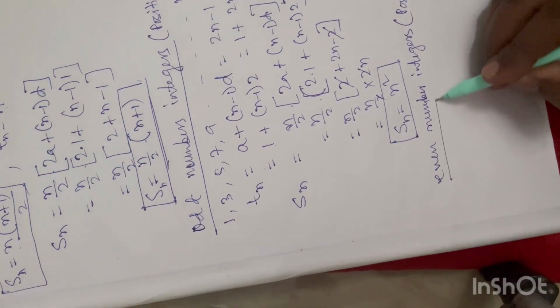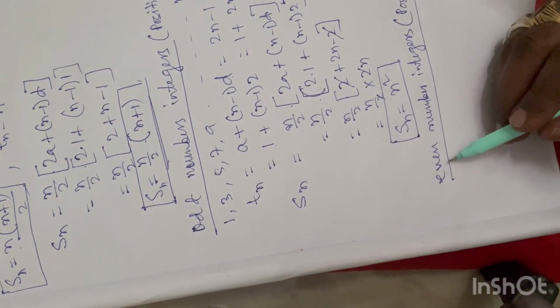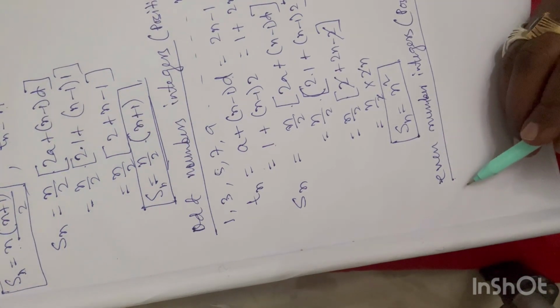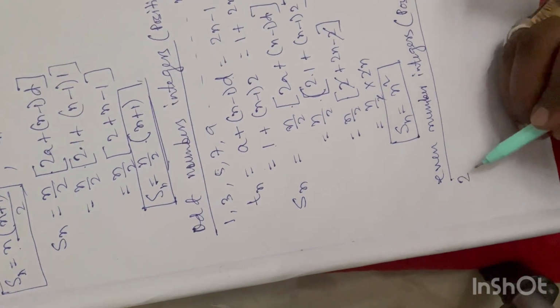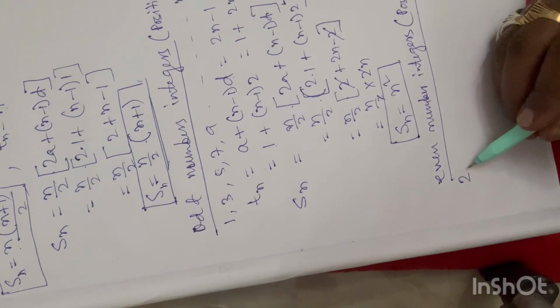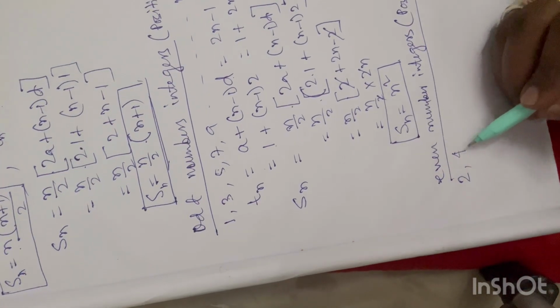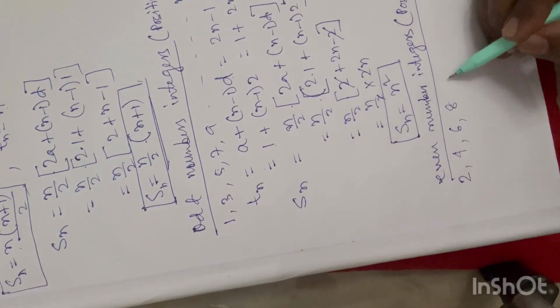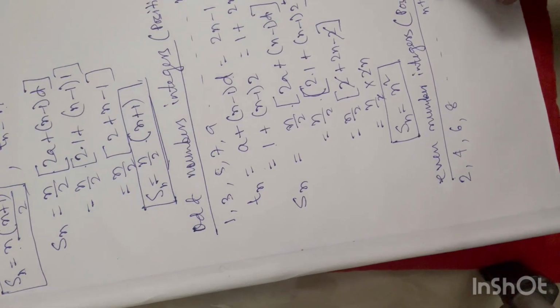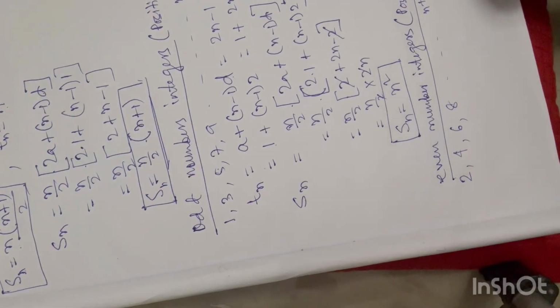So this time, what would be the even number series? Definitely one has to skip, because the first positive even number is 2, then 4, 6, 8 and all that. Let it be also extended up to the nth term.